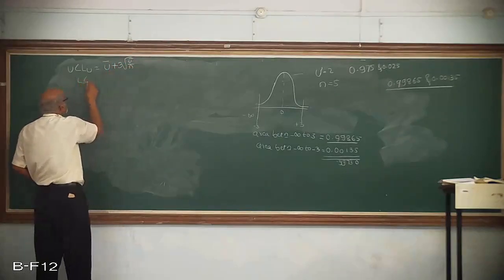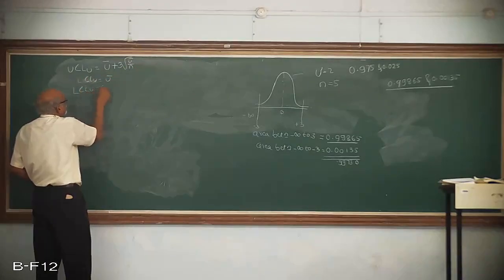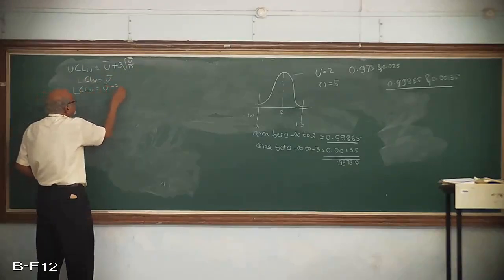The central line is U bar. The lower control limit is U bar minus 3 times the square root of U bar by n.